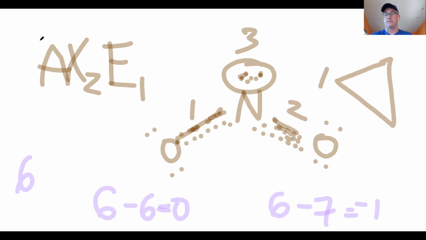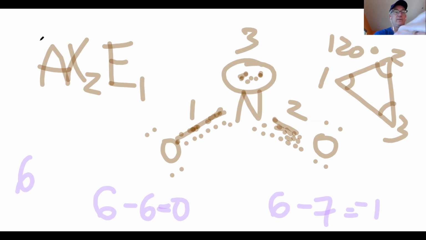So 1, 2, 3. And we know the angles are all going to be 120 degrees, like an ideal triangle. So what we have is nitrogen, these two oxygens, and our lone pair.